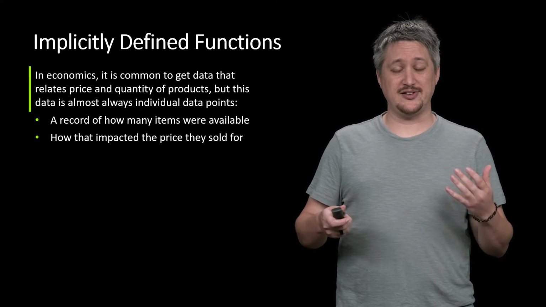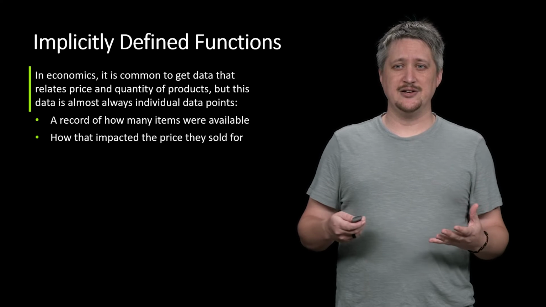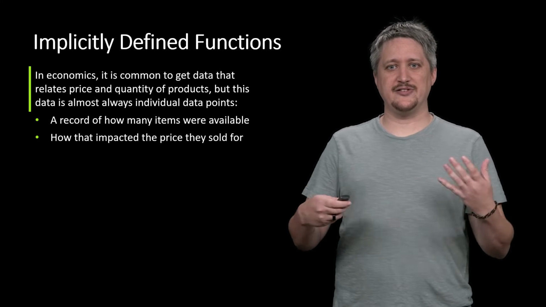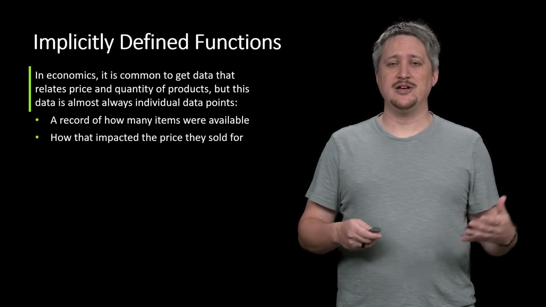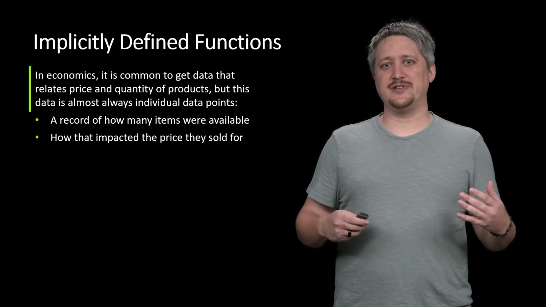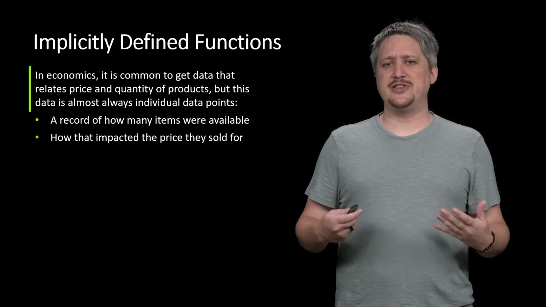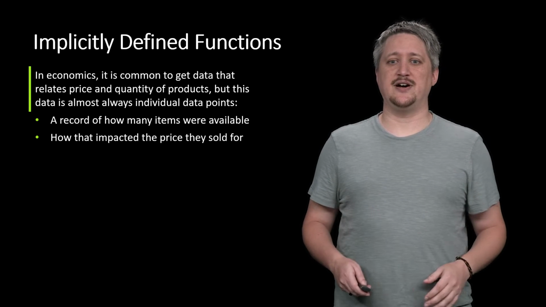You can use statistical modeling to create a best fit line, which is not something we're doing in this class, but you can build a model that goes through all these data points as best as possible, and you get some sort of function, but that function is often implicitly defined.